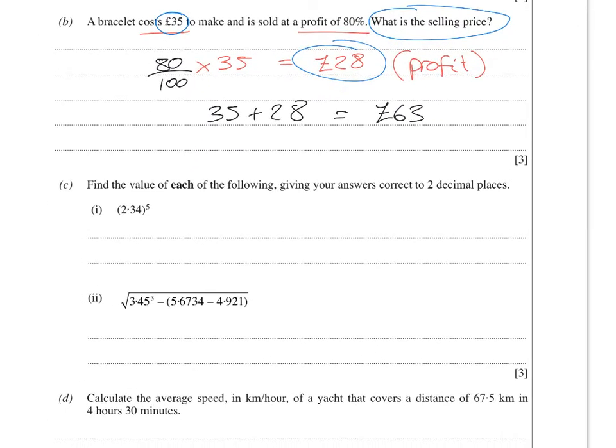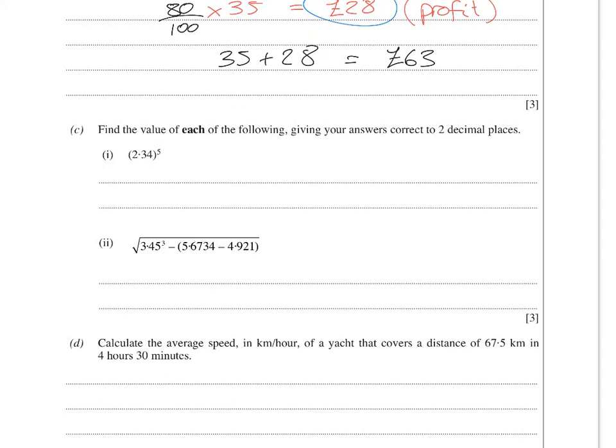Next one, literally just going into your calculator as exactly as it looks. So the 2.34, make sure you stick it in brackets because it's in brackets there. It needs to look identical to that. Now it says, make sure you read the question carefully, it says correct to 2 decimal places.